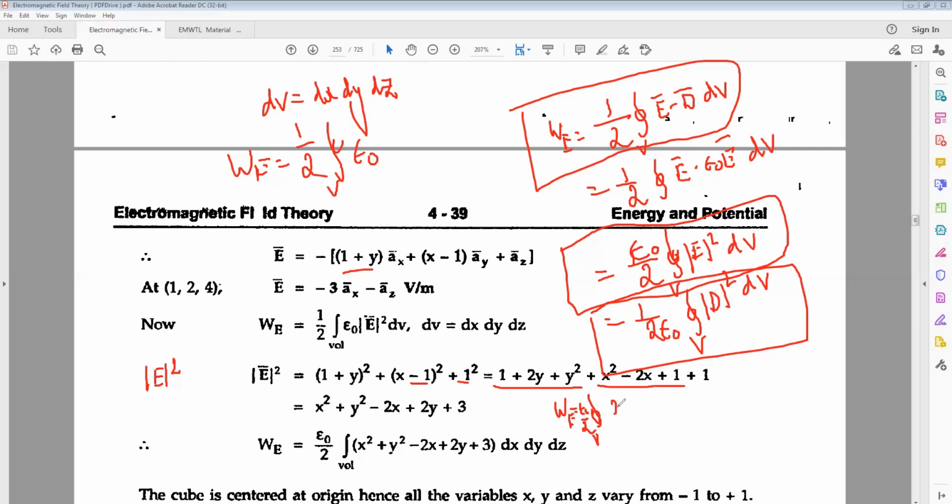You can use x square minus 2x into dx, and another one is the integral of y square plus 2y into dy, and the 3 is a constant, 3z dz.